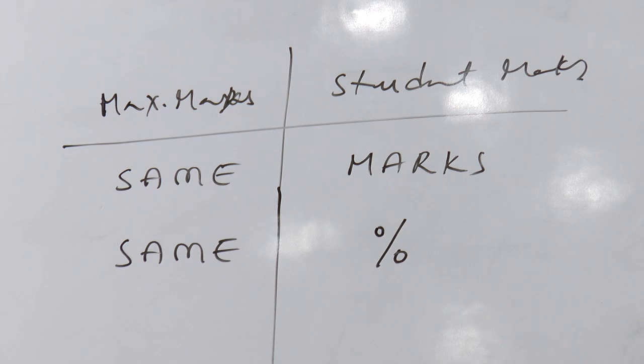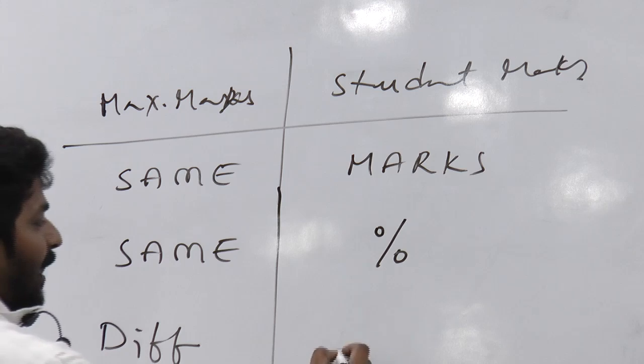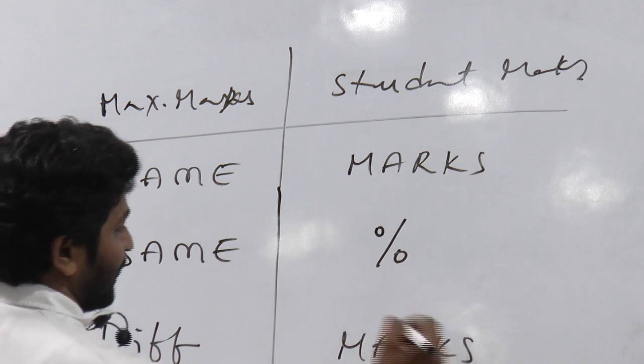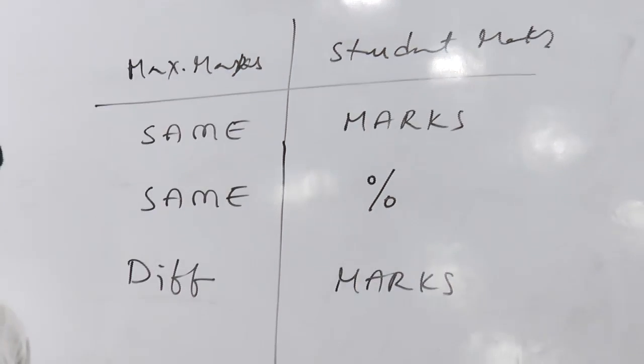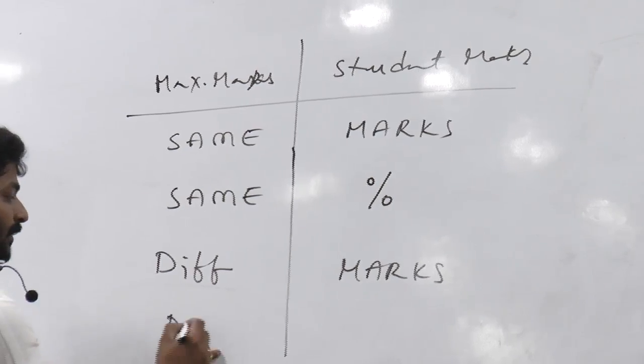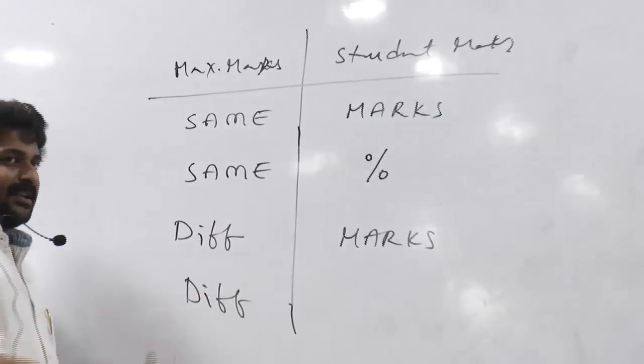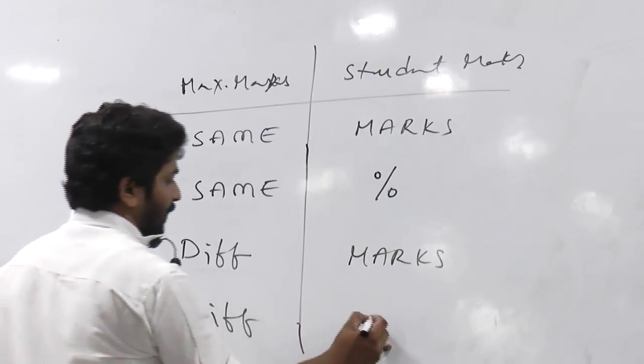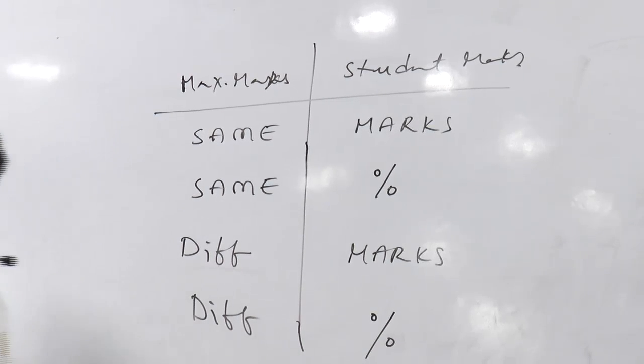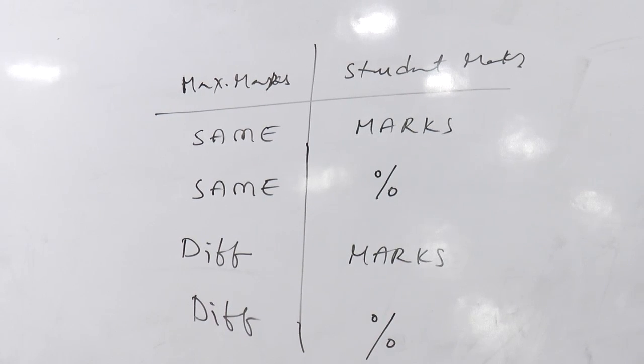Third, maximum marks in every subject are different, but student marks are given in number of marks. Fourth, maximum marks in every subject are different, and student marks are given in percentage. These are the 4 possible cases that you may get.